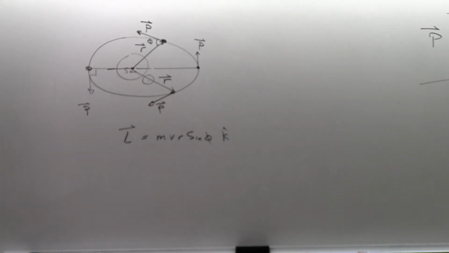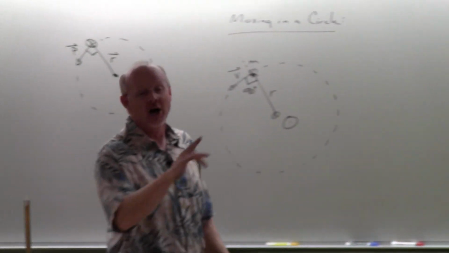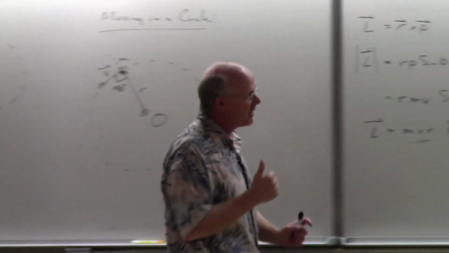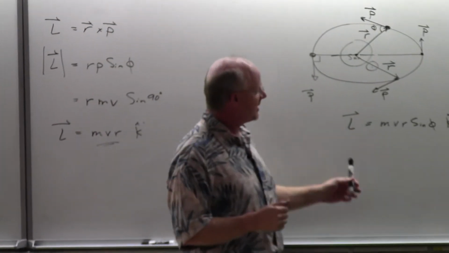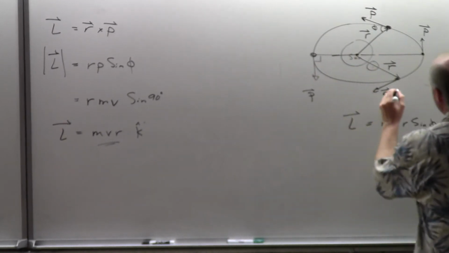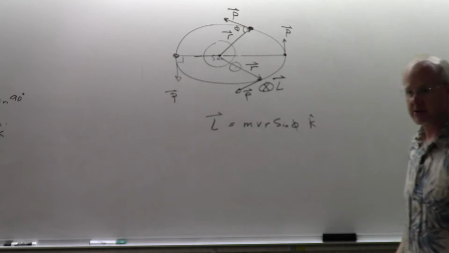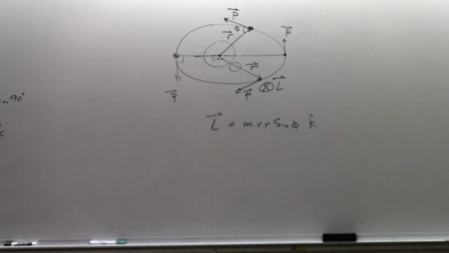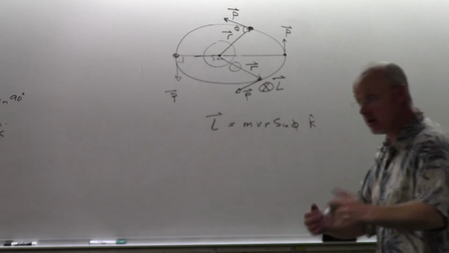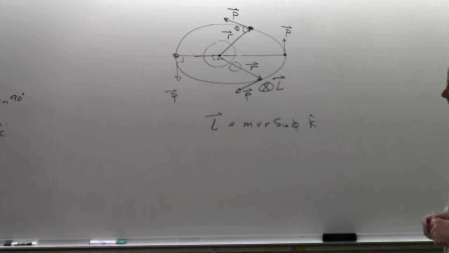So sure enough, it works. And I know this can get kind of tricky sometimes. You gotta twist your hand there and figure out which way. So if you get too tight, there's probably a better way of doing it here. But you want to look at that hand and say, which way is your thumb pointing? And so in this case, it would be into the board. And so I would have a little X there and saying that would be the direction of the angular velocity as well as the angular momentum from that cross product.